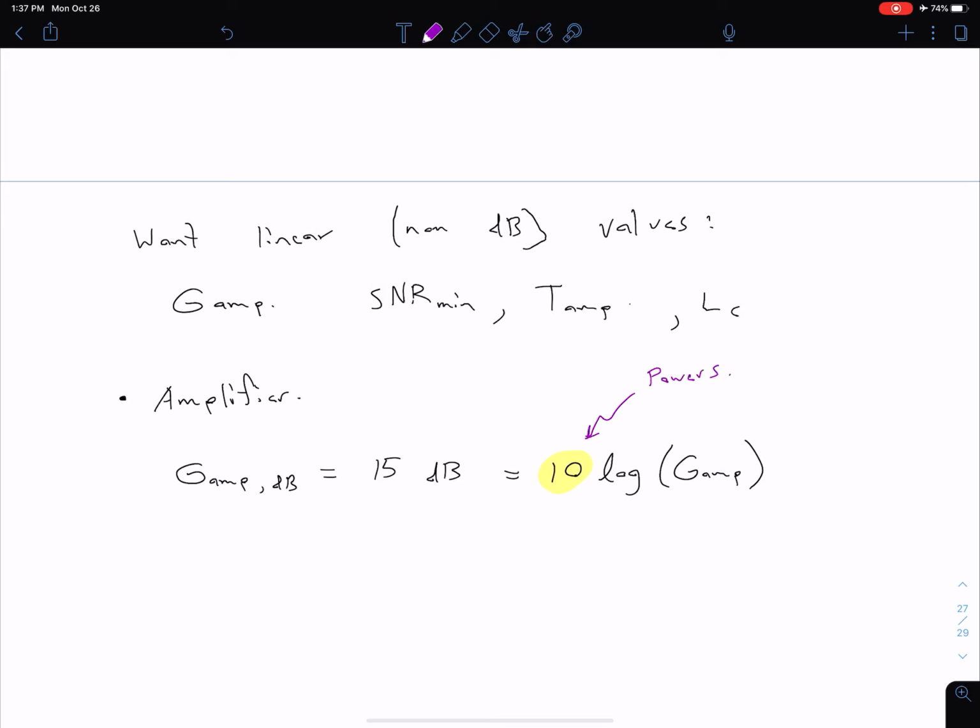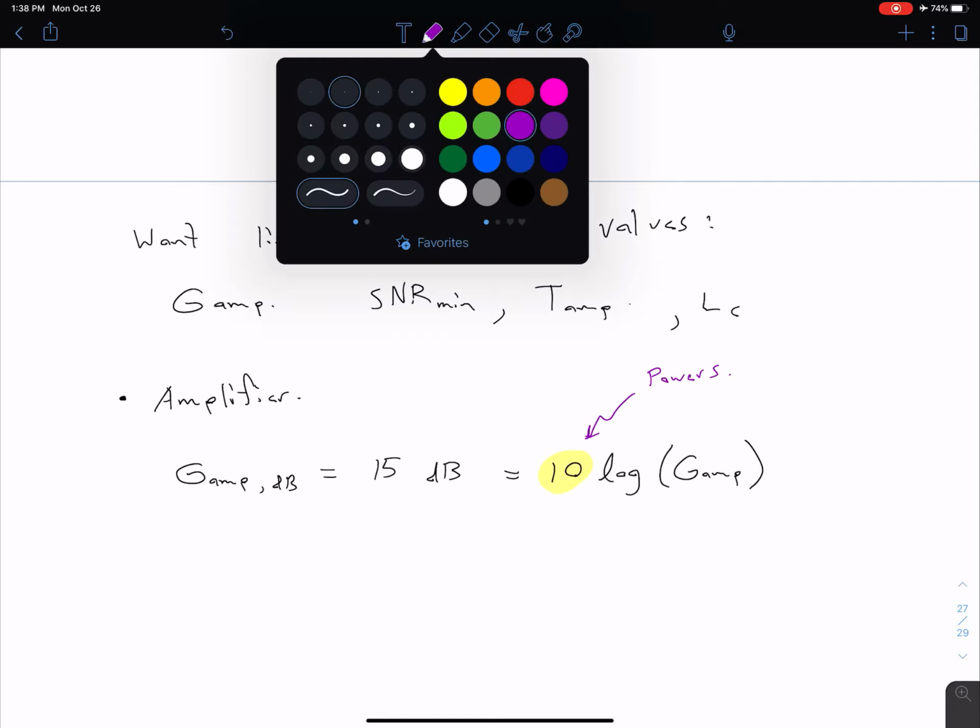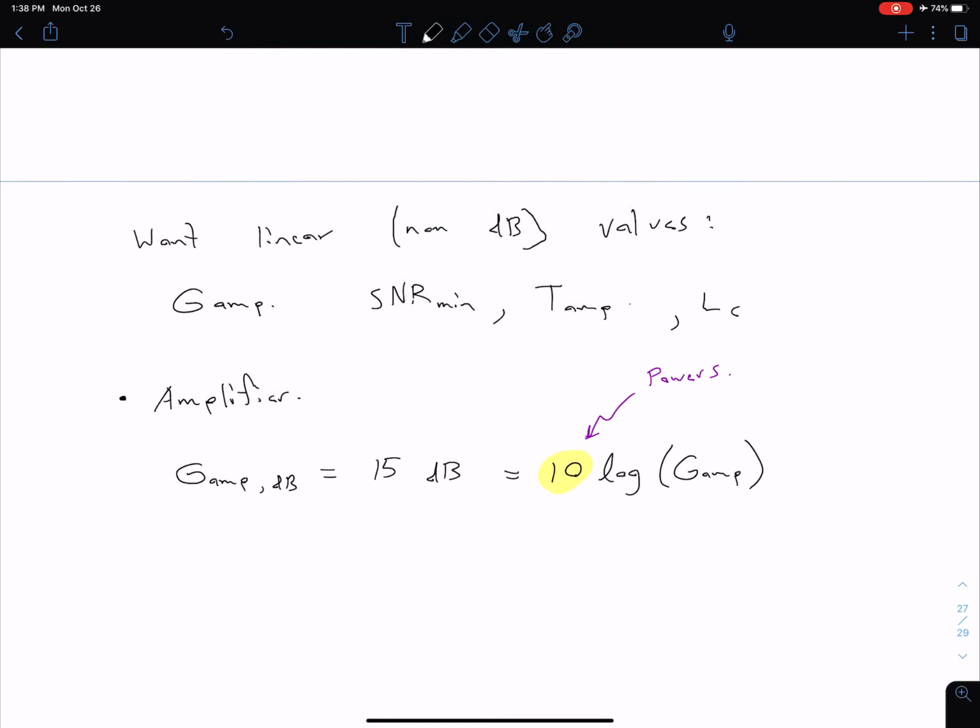If we were dealing with voltages or currents, that would be a 20 instead of a 10. So if we solve for G amp, we get G amp equal to 10 to the power of 15 over 10, which comes out to approximately 31.623.